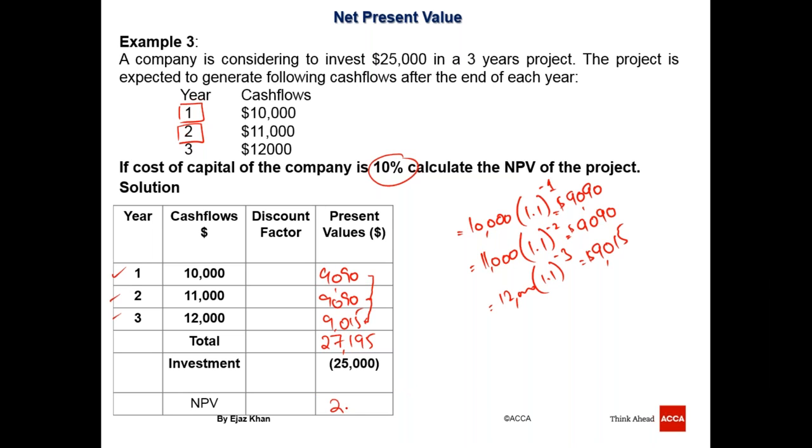So it's approximately 2,195 positive. Therefore, on financial grounds, it should be accepted. Iram, we will be using the NPV table values. I hope this example is clear to everyone.